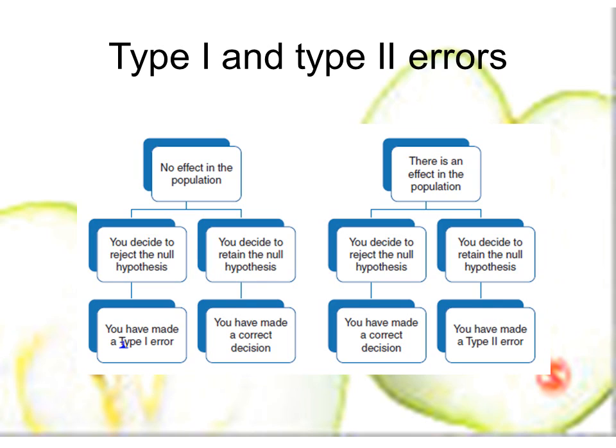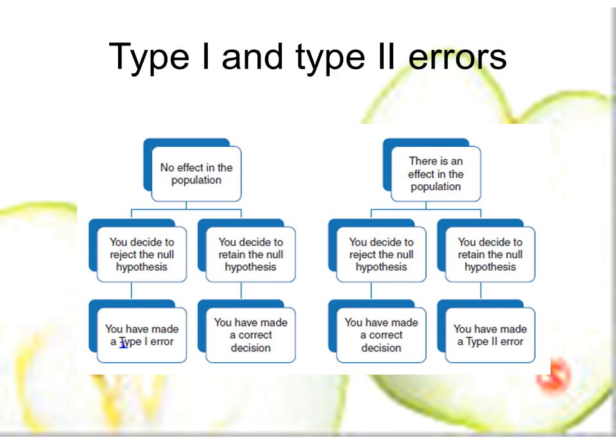So looking at the graph that is identified in our textbook, just kind of showing us a little bit about our type 1 and our type 2 errors. If you look at the blocks on the left, we have no effect in the population. So on the very left, you decide to reject the null hypothesis, meaning that you have decided that there is statistical significance.